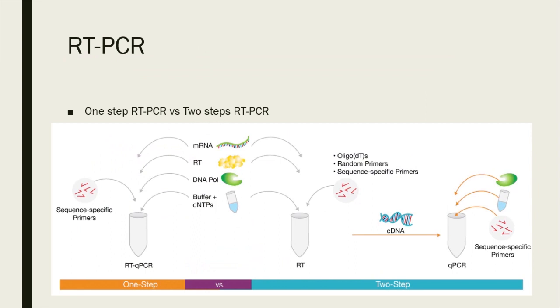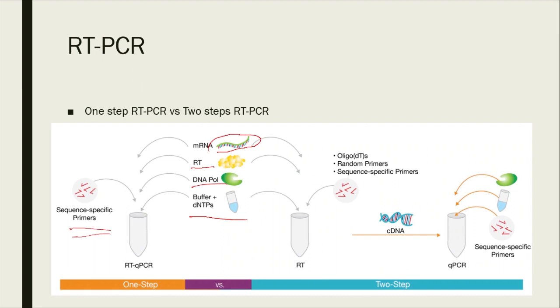Graphically, there are two approaches: two-step RT-PCR, and one-step. In the one-step, you have sequence-specific primers mixed with the messenger RNA isolated from the specimen sample, and then you put reverse transcriptase, DNA polymerase, and all the dNTPs, the nucleotide building blocks, into one tube and perform it in one pot.